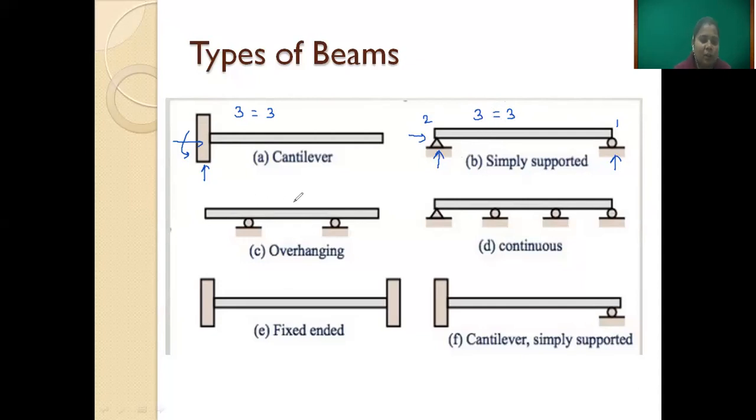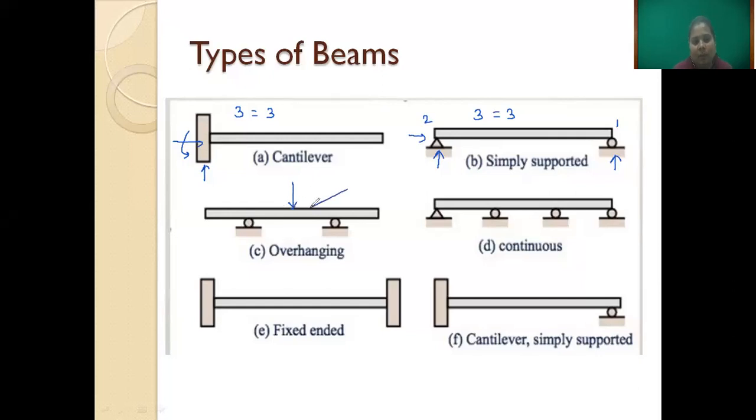Now you tell me, for this overhanging beam. Unstable, okay. So this structure is stable as well as unstable. If we apply exactly perpendicular load, then this structure is stable.